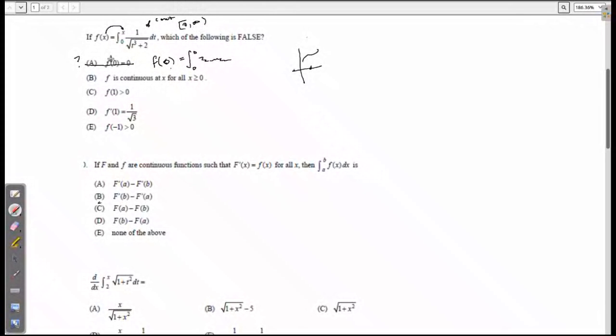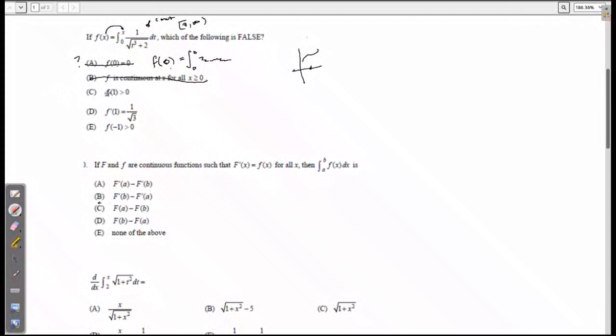There's no place where my denominator could be equal to 0, and that's really the only thing that's going to cause problems for us for this function. So if the function is continuous, then the area under the curve should also be a continuous function. So choice B is true, so choice B can't be the false answer we're looking for.